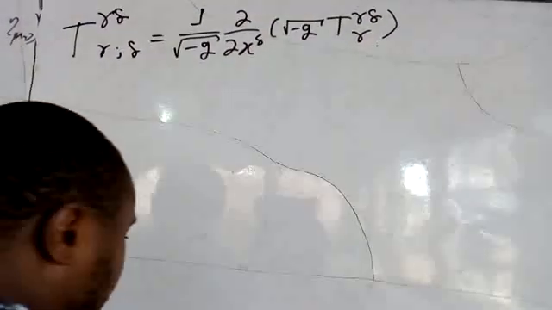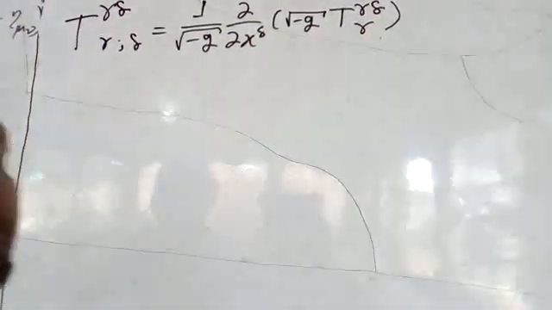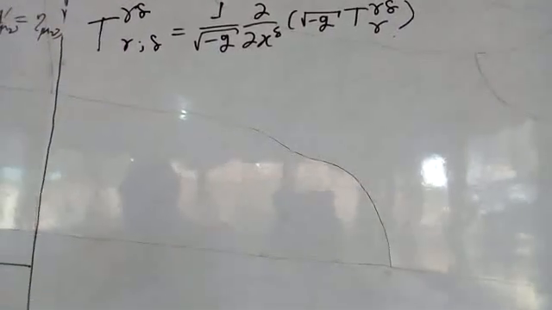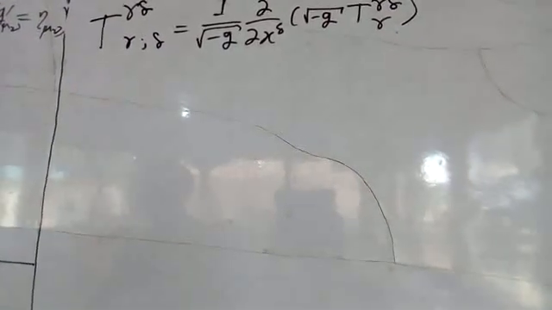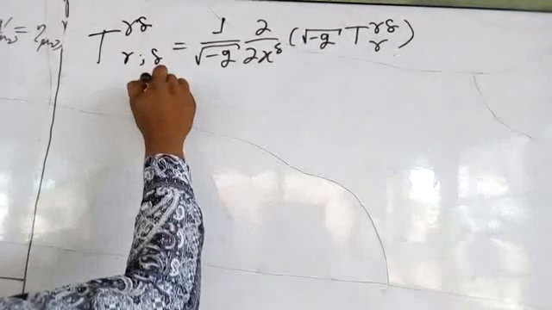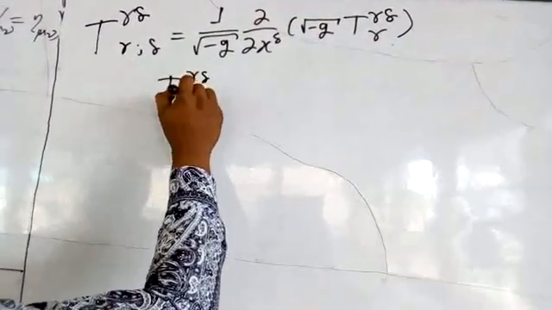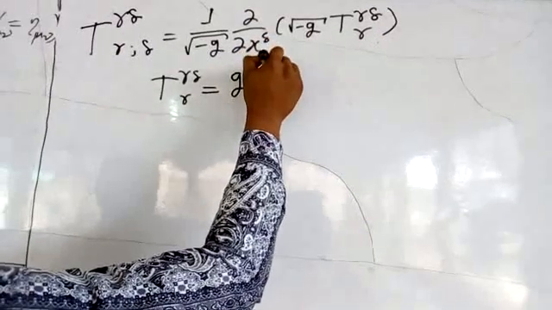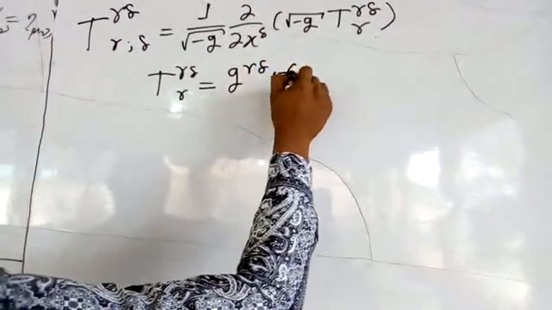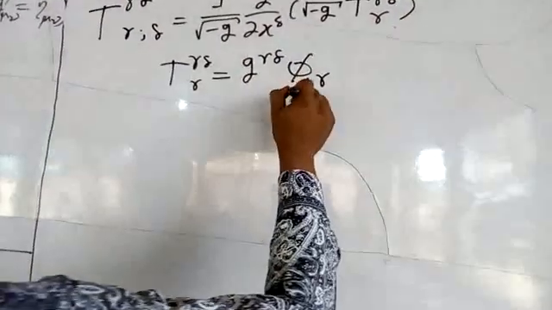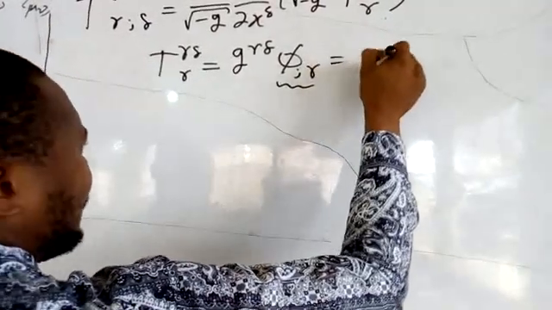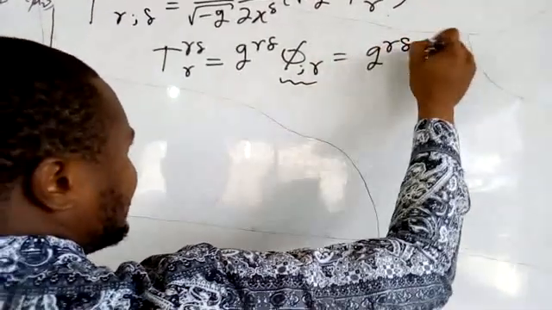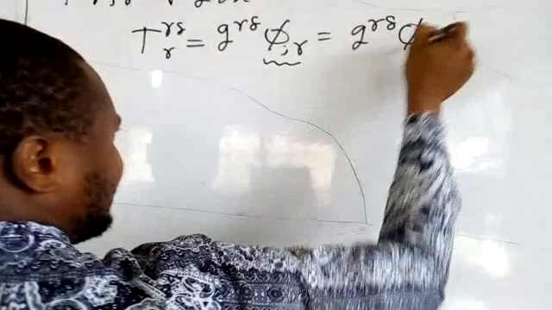Okay, now looking at this, what do we do next? Well, we just have to remember what t was. T gamma delta gamma, we said originally, was equal to g gamma delta phi gamma. We have of course shown that this is the same thing as this is gamma delta. We said this is the same thing as just comma gamma, right?